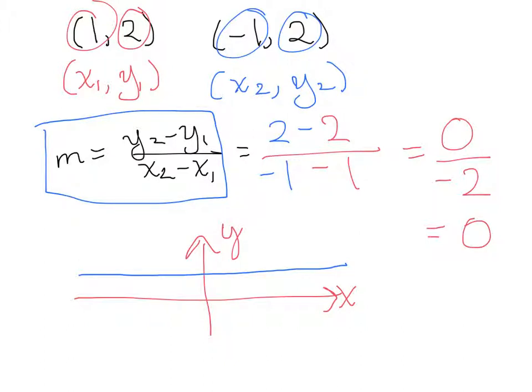The only other special case we need to talk about is this. When we work out our slope, y2 minus y1 divided by x2 minus x1, if we get a 0 in the denominator, that does not mean 0 slope. What that means is that it has an undefined slope.